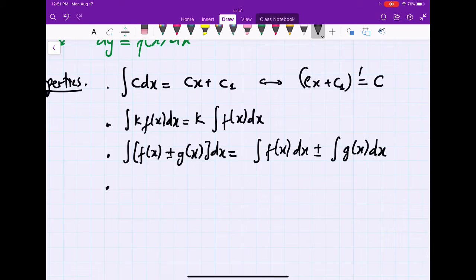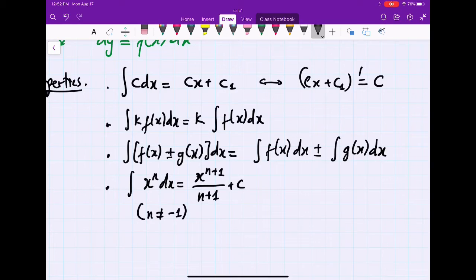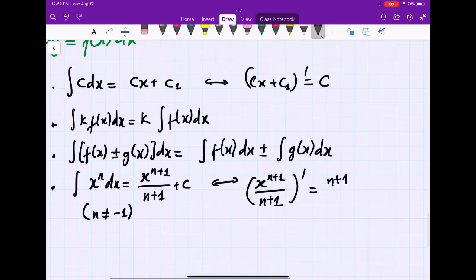Okay, and you have the power rule for integrals. The integral of x to the n dx equals x to the n plus 1 divided by n plus 1, plus c, in case n is not negative 1. This is because we have the power rule for power functions. The derivative of x to the n plus 1 over n plus 1 is equal to n plus 1 divided by n plus 1 times x to the n.